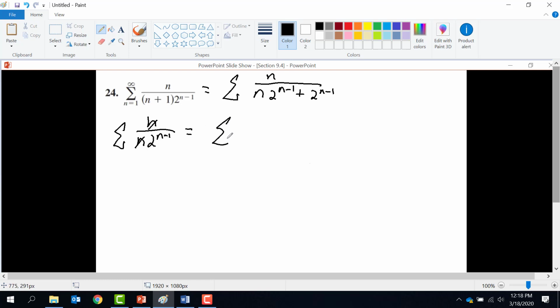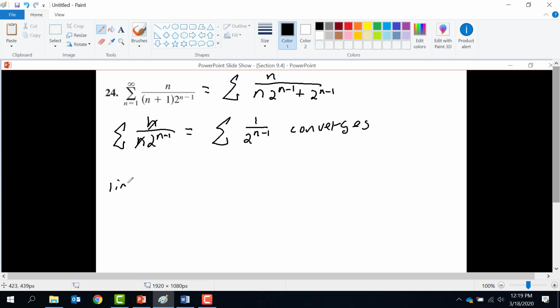Because then the n's will cancel out, and we get the summation of 1 over 2 to the n minus 1. And this is just a geometric series which converges, right?